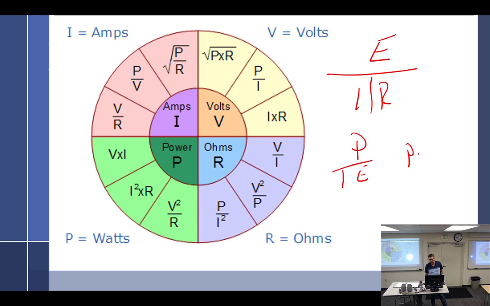Really, you can do P equals I times E most of the time. I don't even think you need the triangle. But there's so much more to it that you could potentially use. It just doesn't come up in the way the FA test questions are written that you need to know all of this. And I don't even think that they actually give this to you on the test anyway. So it's not difficult to memorize this.